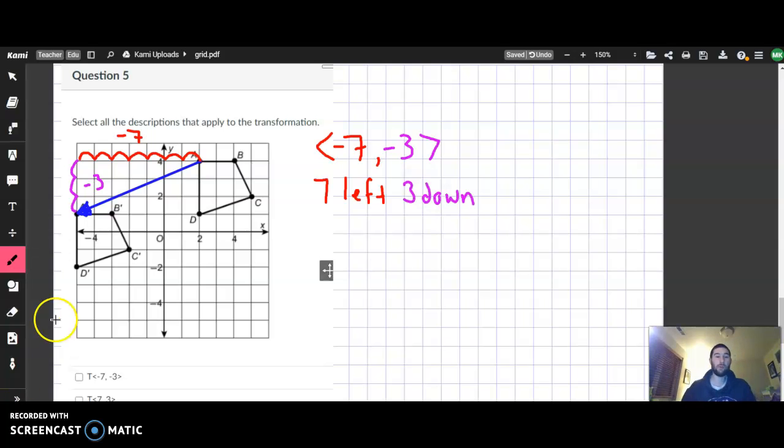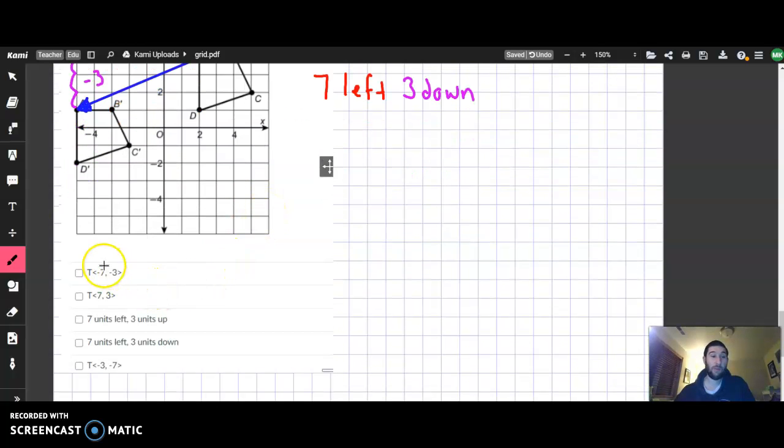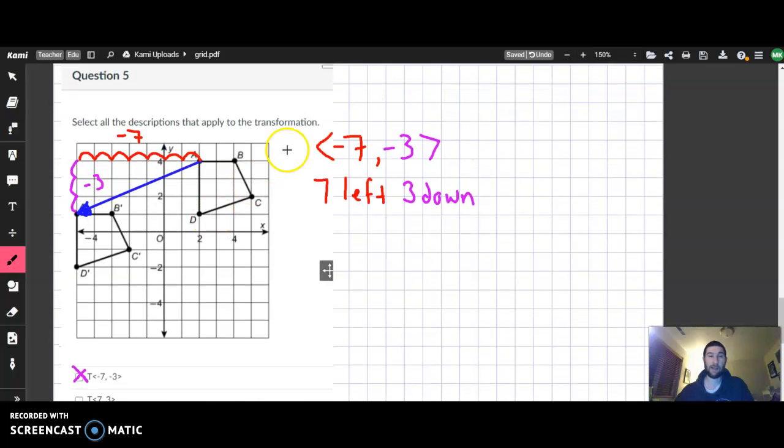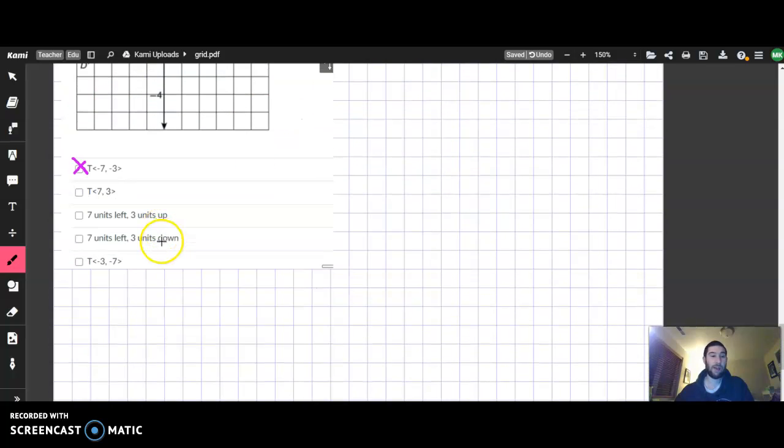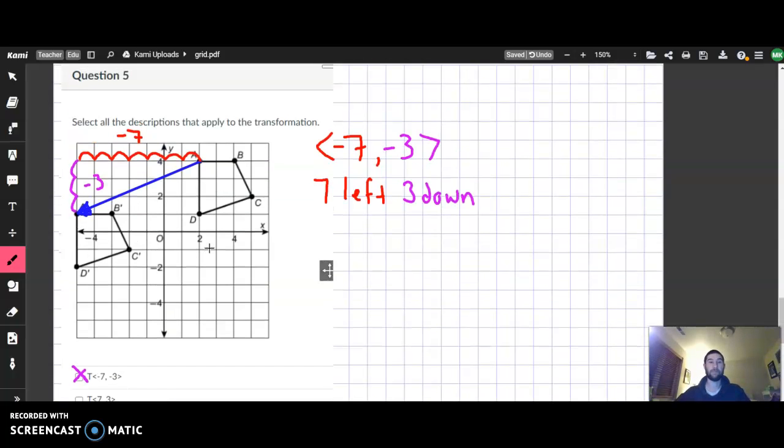And then down below, since this is a multiple choice question, multiple answers, we're able to select all the things that are true. And so what's true? This statement right here, -7, -3, because that is our left and down. And then in English, 7 units to the left, 3 units down. Those are our 2 correct answers.